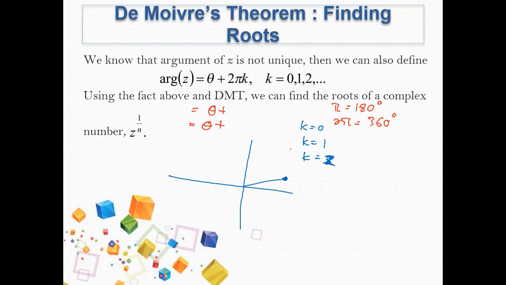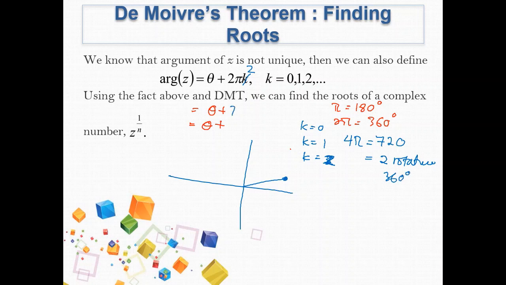If this is your z, and k now becomes 2, 2 times 2, 4, it becomes 4 pi. So 4 pi, you multiply with 180, you will get 720. 720 is equivalent to 2 rotations.